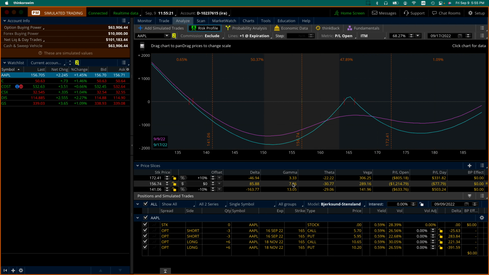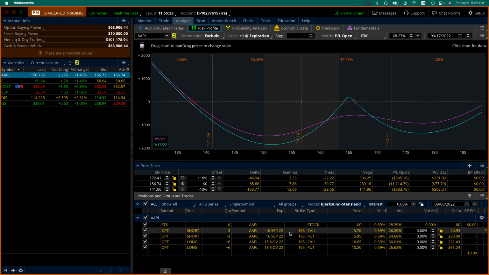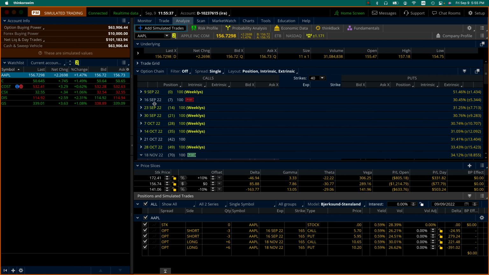Risk profile. Okay, so you can see that I have a positive delta here, but because volatility is declining, it takes a little bit. If you see the expiration for the shorts is September the 16th, 7 days from now.